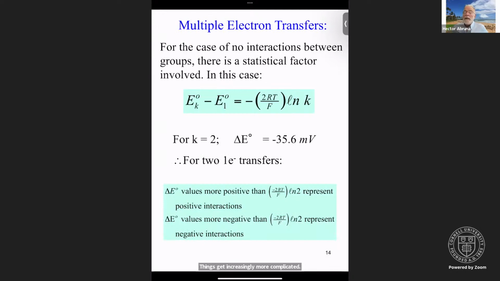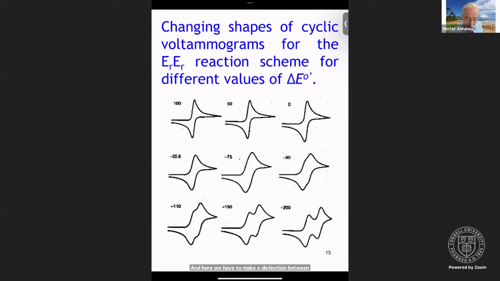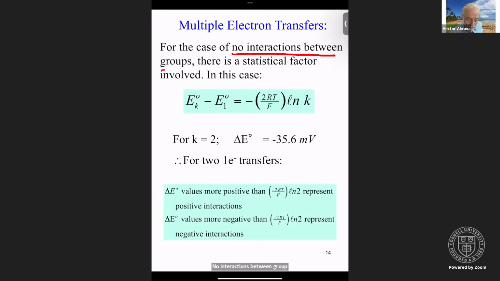What about multiple electron transfers? And here we have to make a distinction between no interactions between groups. There is a statistical factor involved.